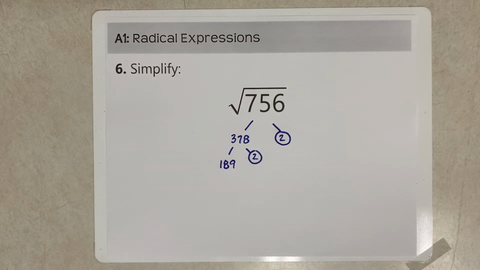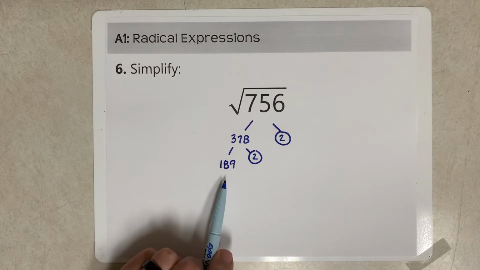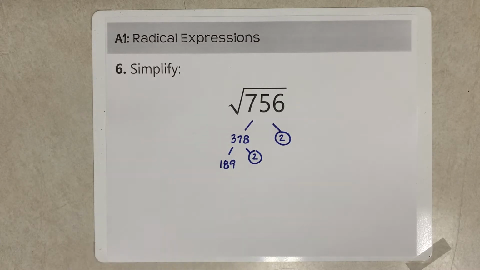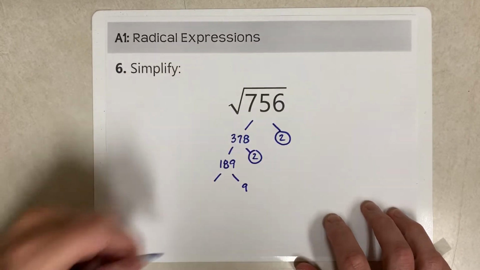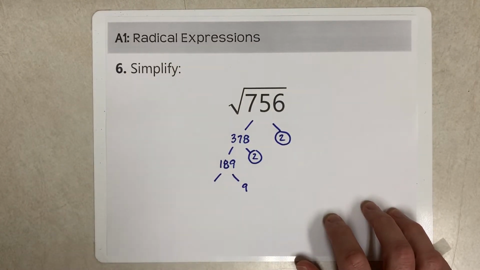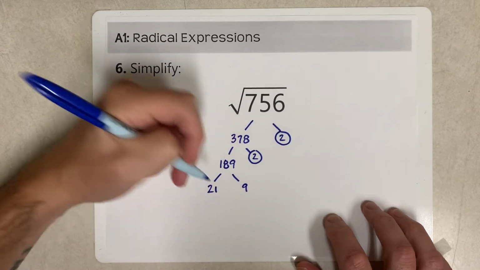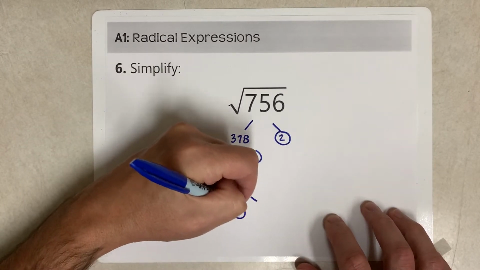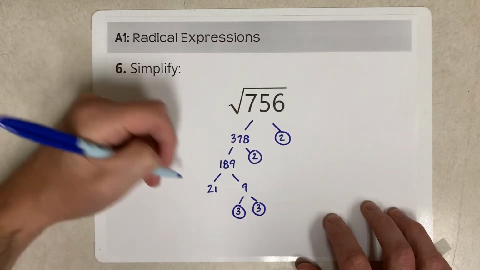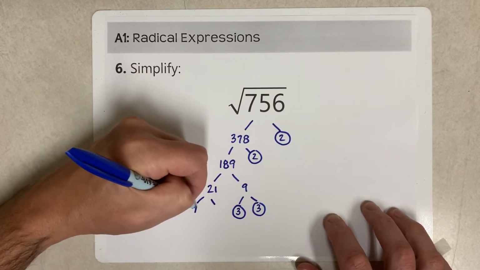What goes into 189? 9 plus 8 is 17, and another 1 is 18, which means 9 goes into it. So we're going to divide that by 9, and we're going to get 21. Pretty handy rule. 9 is going to be 3 times 3. 21 is 7 times 3.